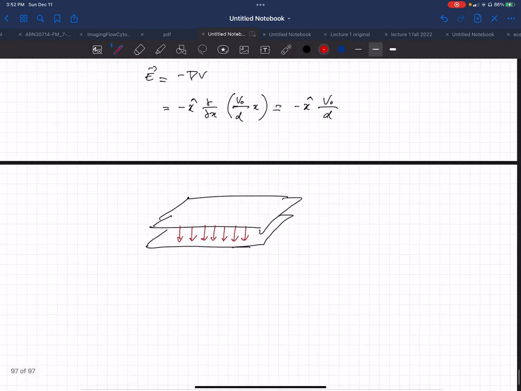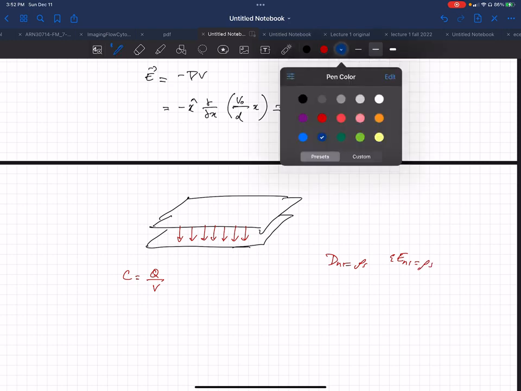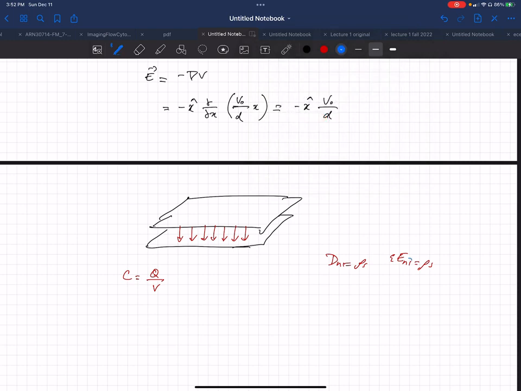And again, the capacitance is Q over V. The electric flux is equal to charge density, so epsilon times the electric field is equal to the charge density. This means that the electric field and electric flux are both perpendicular to the plates, because there's no other component.